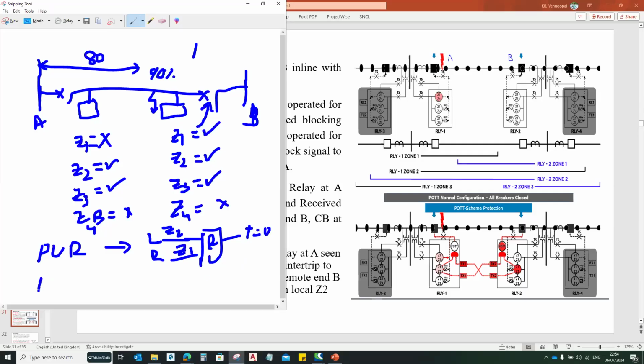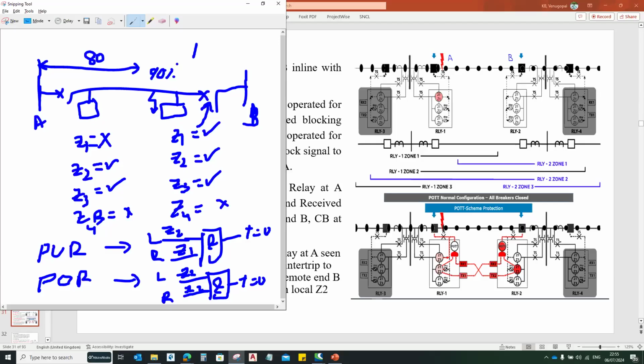But in the permissive overreach scheme, what we are doing is at the local end zone 2 started, and from the remote end we are also taking the zone 2 signal. If both are present, then also we are overriding the timer, because from this end the fault is within the zone 2 area, and from the other end the fault is also in the zone 2 area.